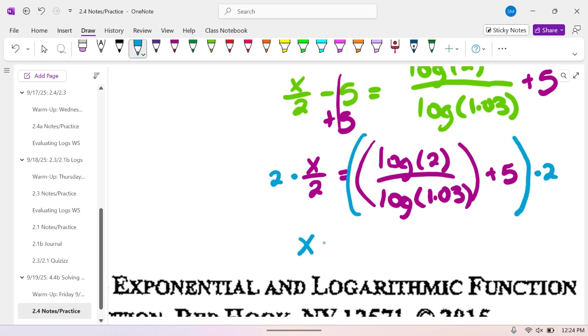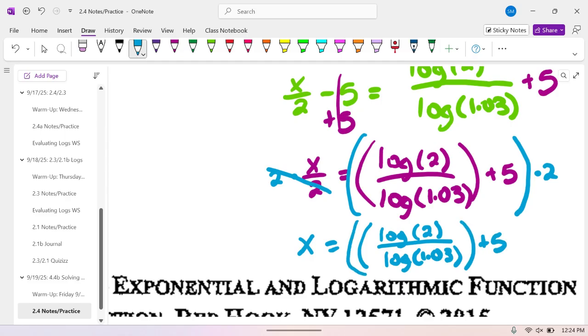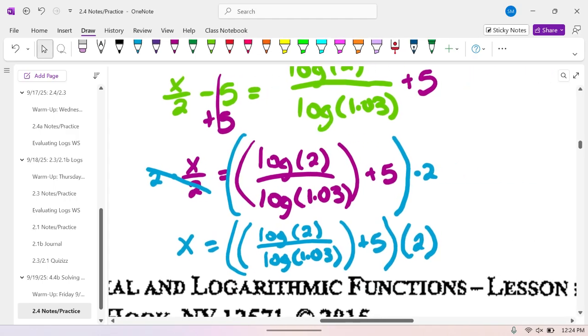So this would be x is equal to, because I'll cancel, log of 2 over log of 1.03 plus 5 and times 2 entirely. So this would be our ugly exact answer.